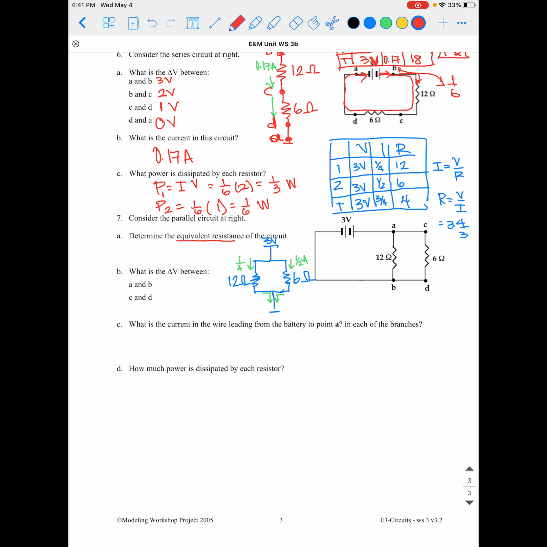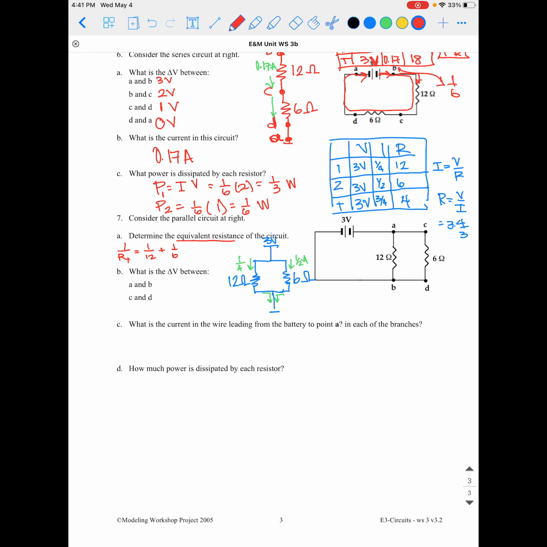So you always want to know your total resistance by equation, by taking the inverse of all of your resistance values, so 1/12 and 1/6, and add them all together. And then once you get your answer, you're going to take the inverse of that.